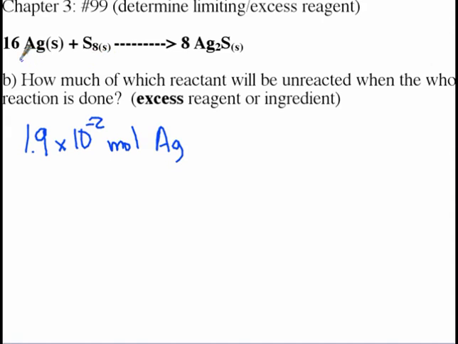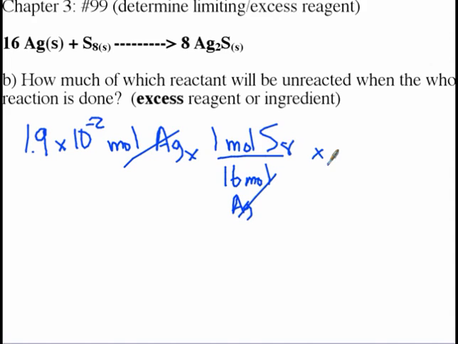If I go from moles of silver into grams of S8, that will tell me then how much I should have used, and then I can subtract that from how much I was initially given to figure out how much should be left over. So if I take that 1.9 times 10 to the negative second, and I look at my mole ratio, for every 16 moles of silver, I only need 1 mole of S8, so 16 moles of Ag, 1 mole of S8, that cancels.